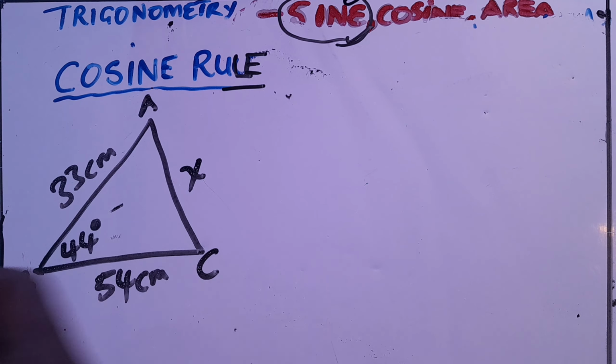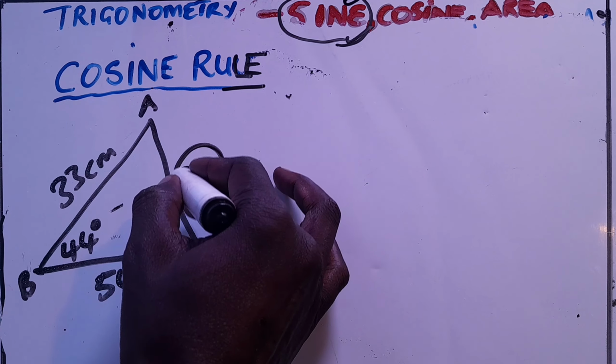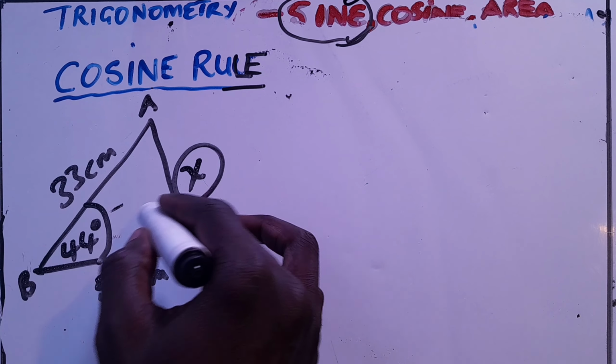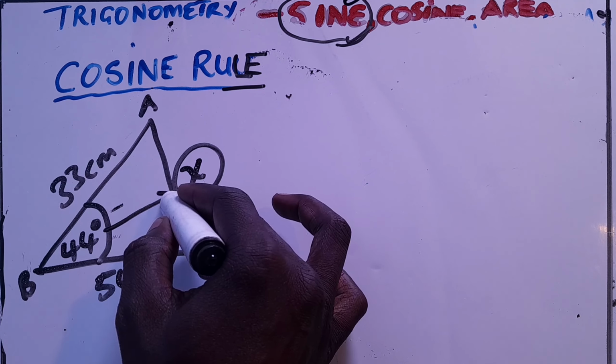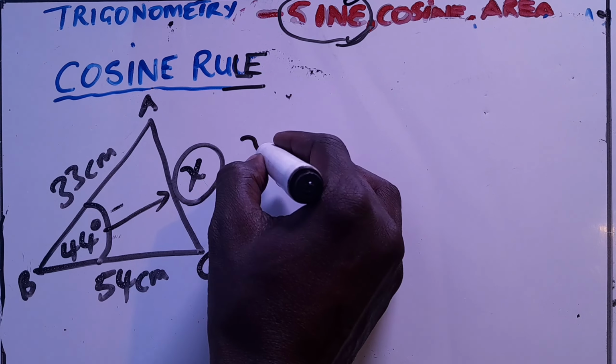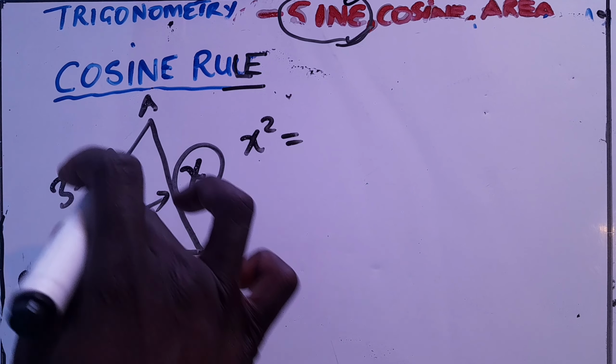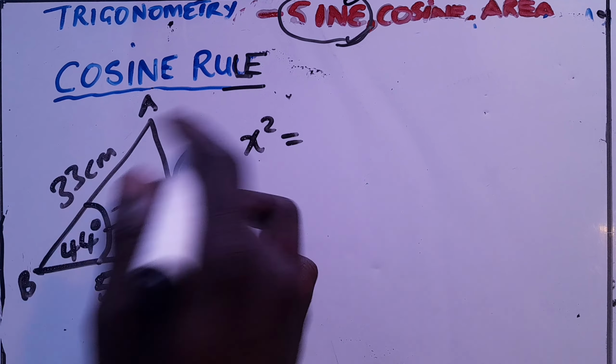We are trying to find this side, the unknown side, and we have the angle that is opposite to that side. So our x squared is equal to, now we can mention these two sides and square them.